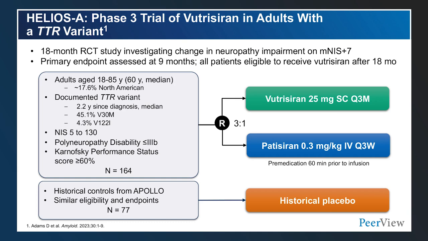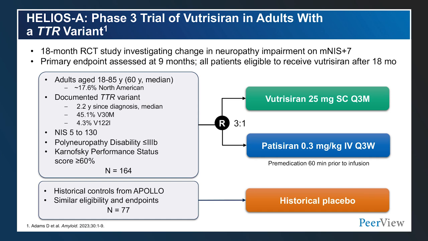So following the success of patisiran and inotersen, the companies worked on making the drug a little bit easier to administer. So patisiran was given intravenously with pre-medication every 3 weeks. So the company came with vutrisiran, which is under the skin once every 3 months, given by a healthcare provider.